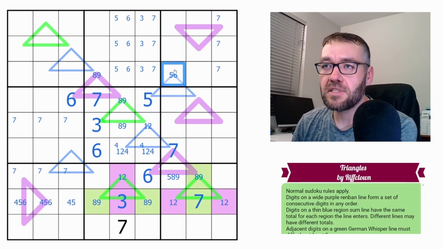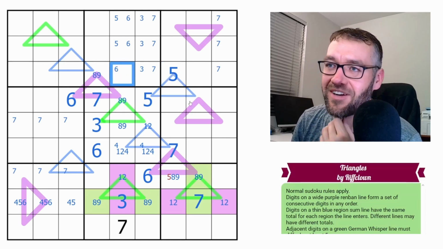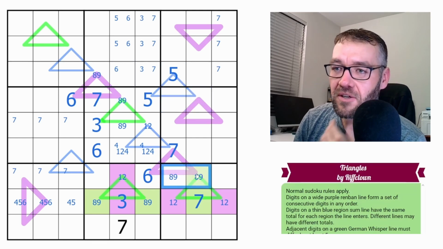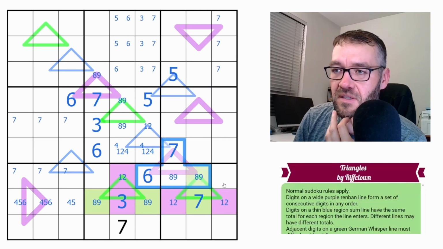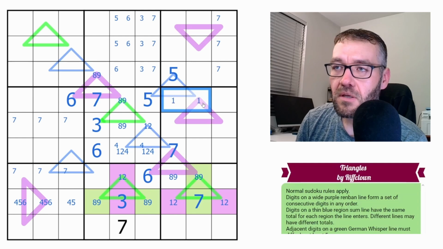Oh, this is now a 5 because this is a 5. That's the same number. No, the 6 can still go there. All right, so this is now an 8 through 9, or 6, 7, 8, 9. This is either going to be 1, 4 or 2, 3.